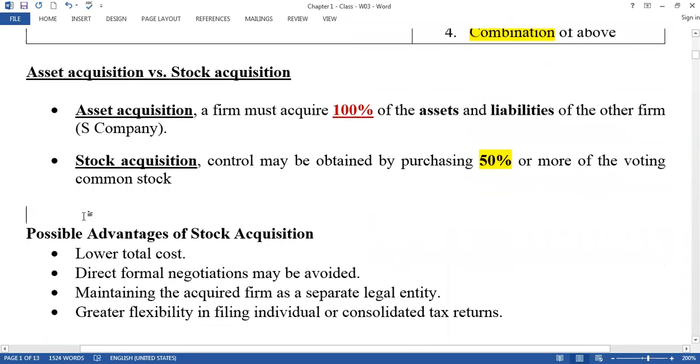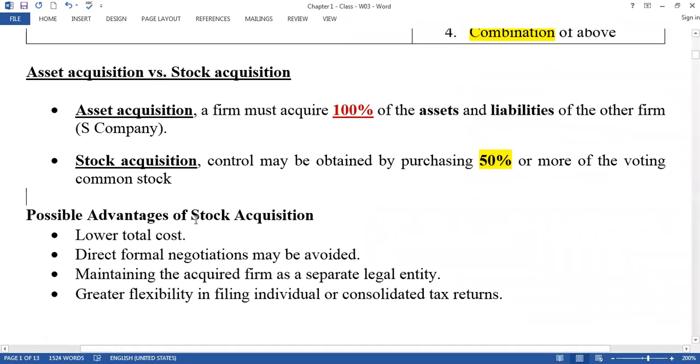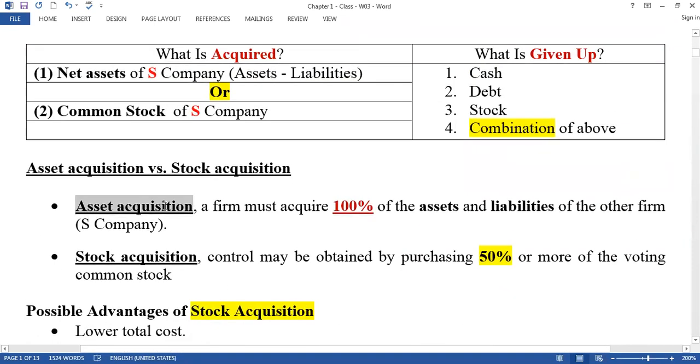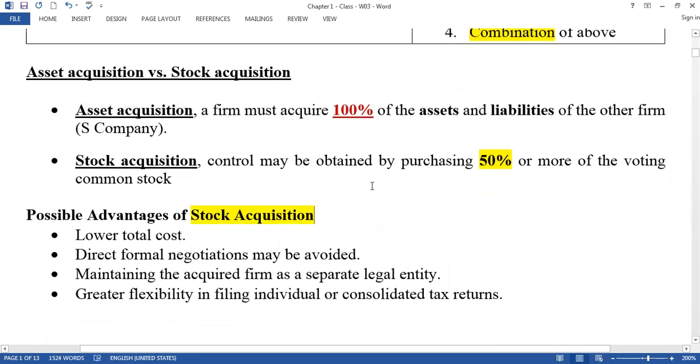Now let's see why stock acquisition is better than asset acquisition. Based on this percentage, if you go for asset acquisition, you have to buy 100% of their net assets, right? But if you go for stock acquisition, you don't need to buy 100%. You can buy only 50%, right? So which one is more costly and which one is less costly?